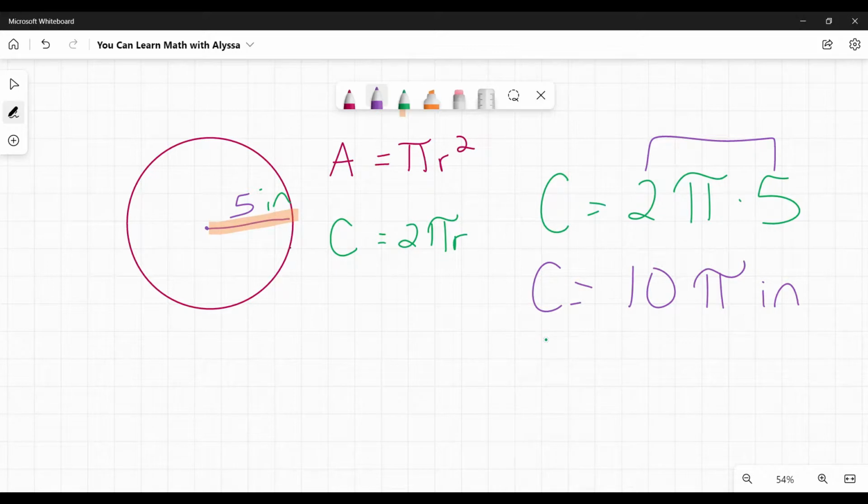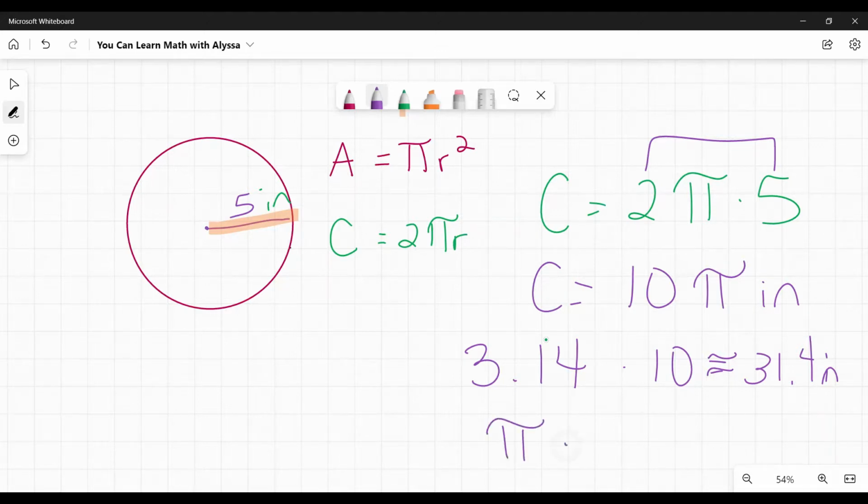If they want you to use 3.14 for pi, you would then multiply that by 10, and your answer would be approximately 31.4 inches. If they wanted you to use the pi button on your calculator and then say round to the nearest hundredth place, I'm going to use that pi button and multiply by 10, then I would get approximately 31.42 inches.